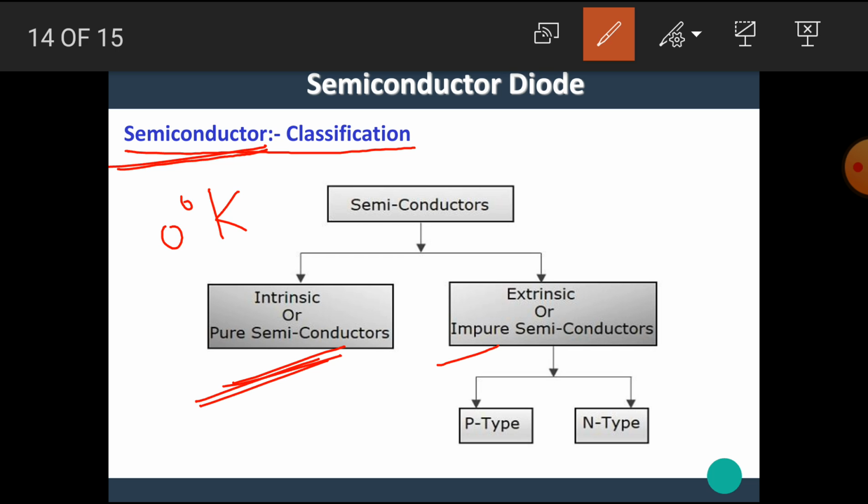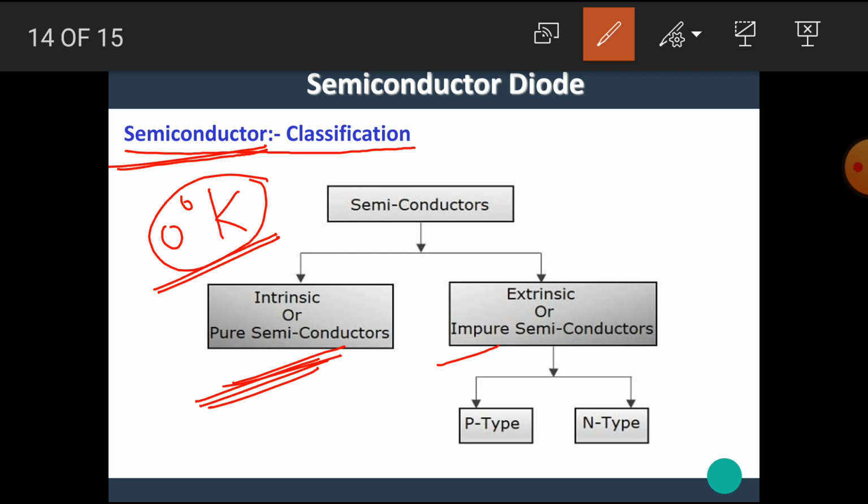This is a very important statement, because at 0 degree Kelvin all the electrons are in the bounded state, no free electron is present. Hence, if there is no free electron, then there is no flow of current. Hence, it is called an insulator at 0 degree Kelvin.